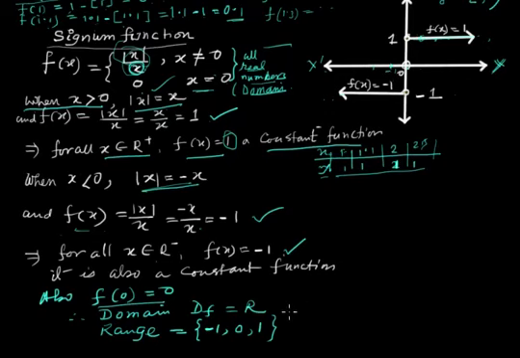So the domain is all real numbers, because for every x we get a value of f(x). And the range has only three numbers: minus 1, 0 and 1.